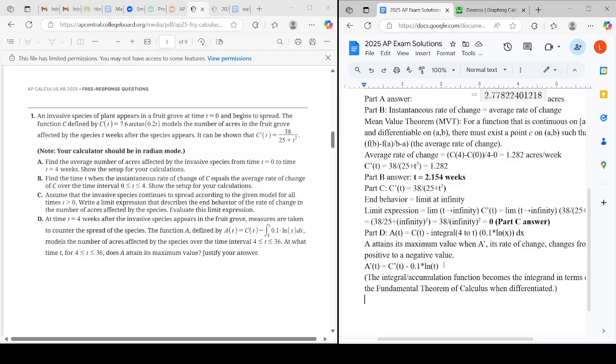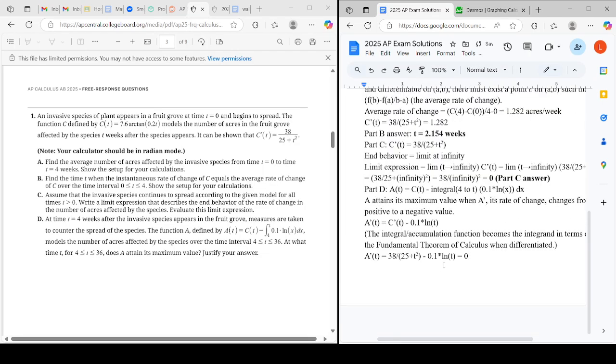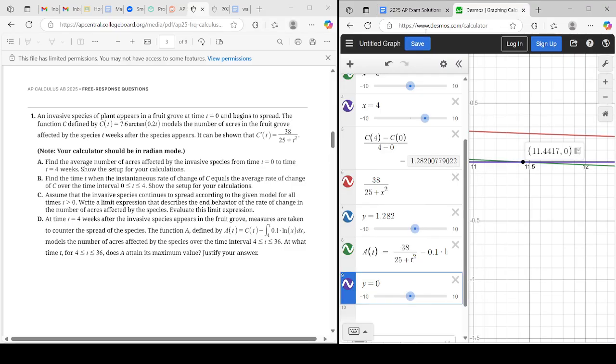So we're going to set this equal to 0, and then 11.442 weeks.